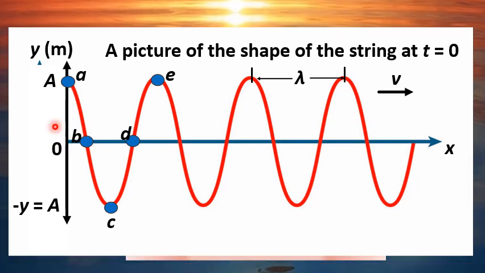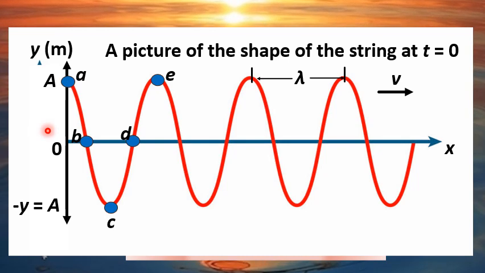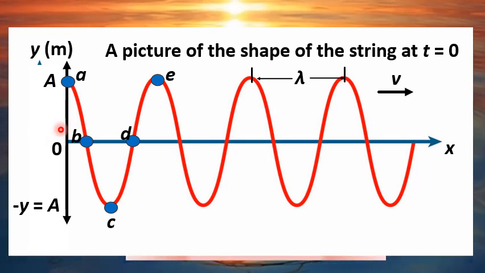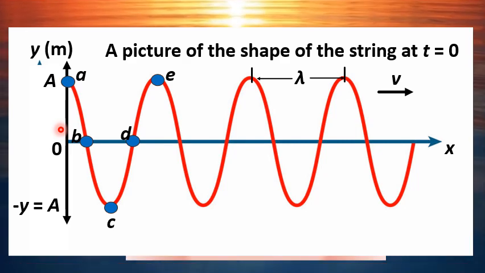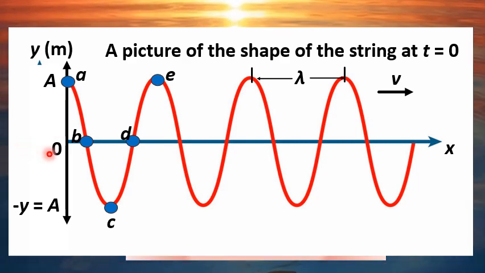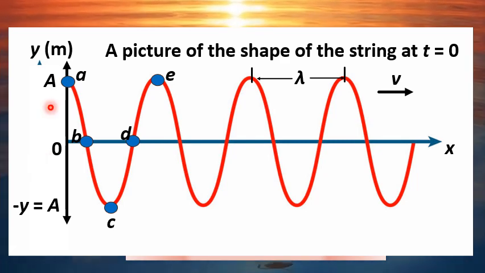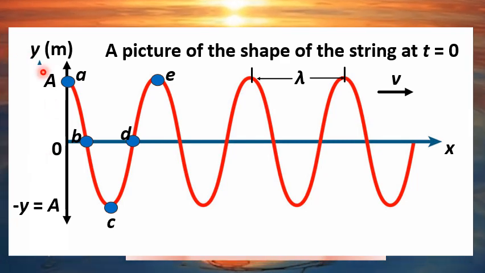At x equals 0, this is where the wave originates. And particle A is at a maximum positive y displacement, where its transverse velocity is also equal to 0.